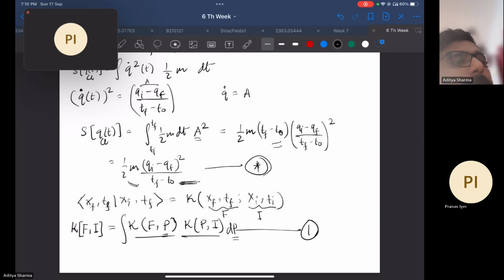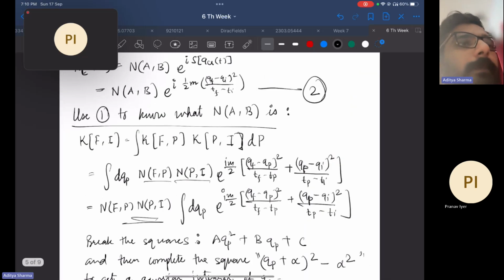So this is a property of the kernel. I'm going to use this property to find the path integral. So the kernel is found by the path integral only.